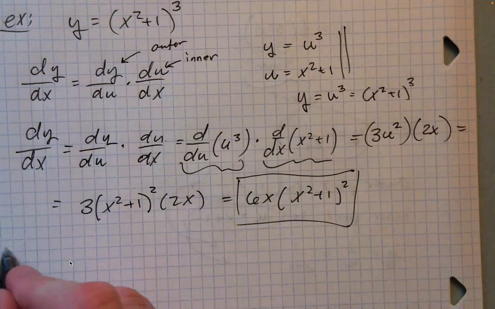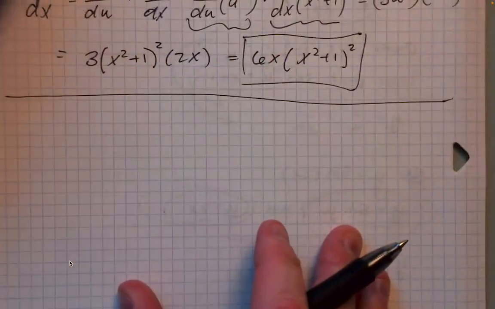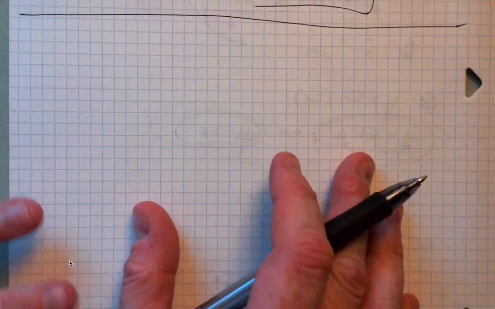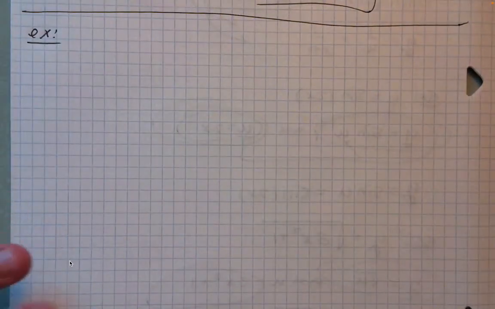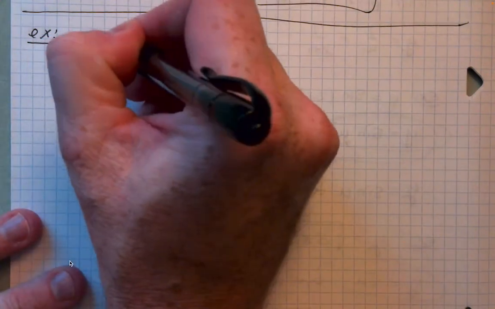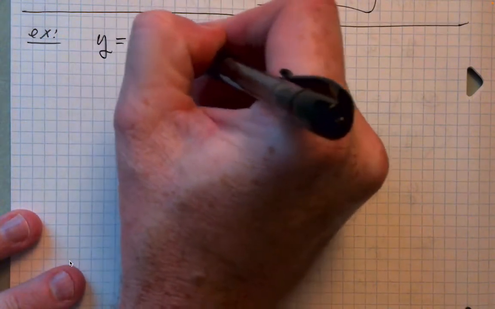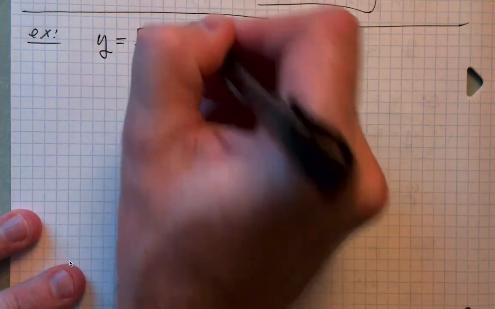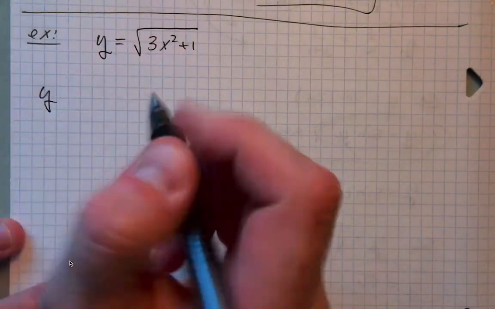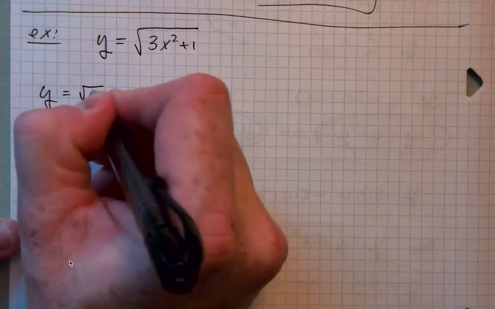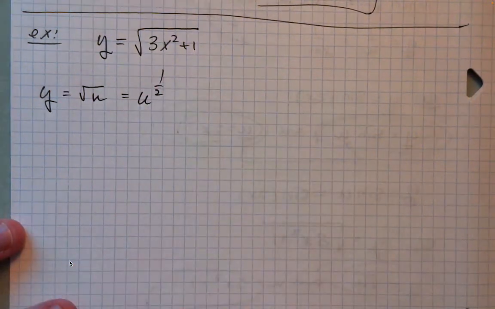Okay, let's try another example. Examples are the way to go here. Once you do one, you should probably just do another one. All right, let's say our original function is the square root of 3x squared plus 1. Well, our outer function would be y equals the square root of u, which you might want to write as u to the 1/2 power.